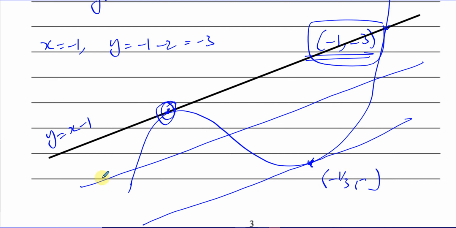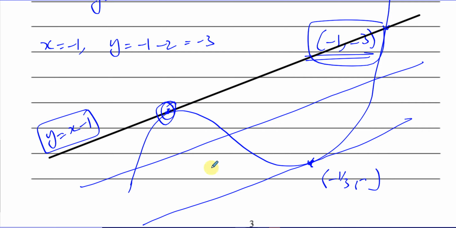One of those answers, find the y coordinate of that point, substitute back into the original equation, and then you'll see that it's the same point on the line and the curve. The other point you find will not give you a point that's on the line. It won't satisfy the equation of the line. Therefore, although the gradient there is 1, it's not where this line is a tangent to the curve. It's a different line. Okay?